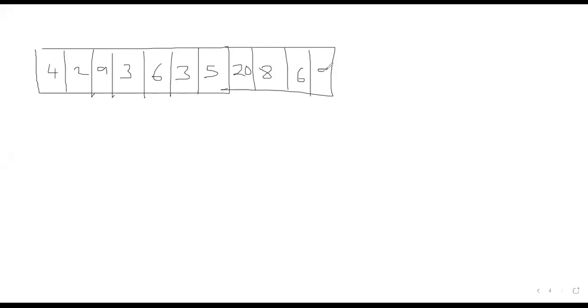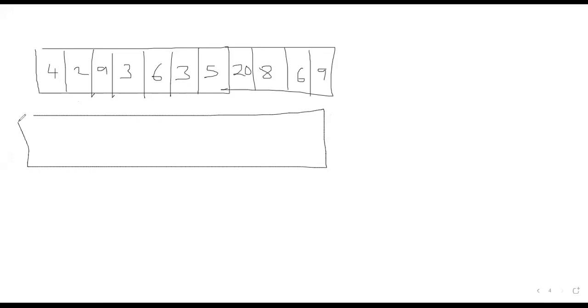6, and 9. So the first thing whenever you're given such information is to rearrange it, starting from the smallest to the biggest. So let's rearrange them. What is the smallest number we have? 2.